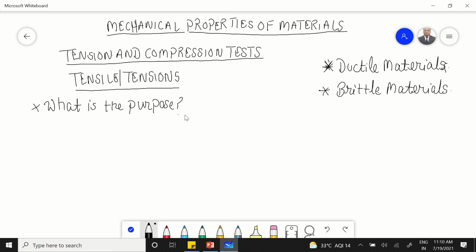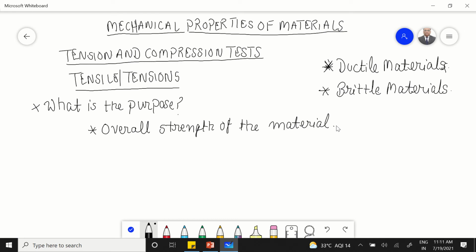Normally the main purpose of doing any type of testing on a material is to find out the overall strength of the material.